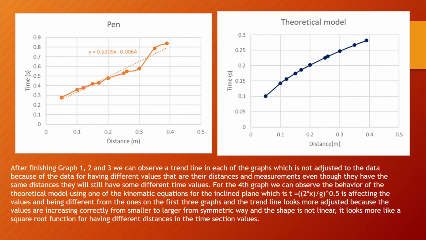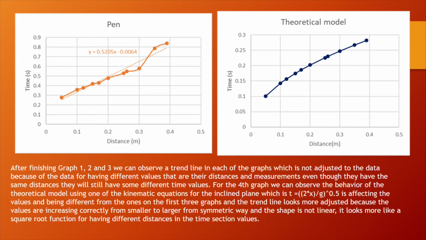Okay, as you can see here, here are the other two graphs that I used to find if the hypothesis was true. Here is the graph of the time values of the object that was the pen.